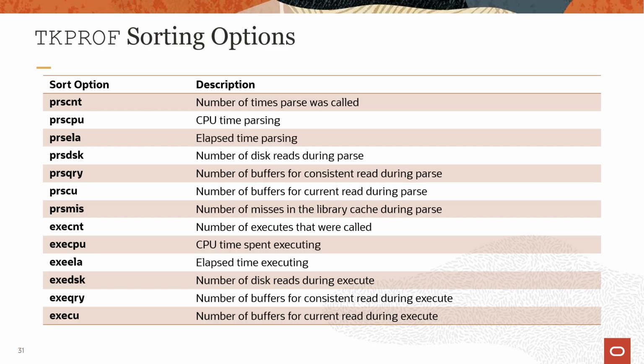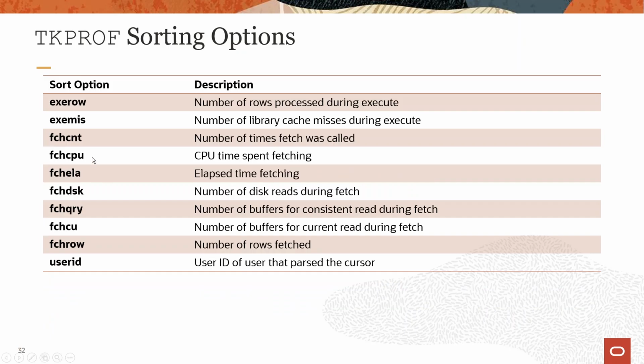So you can ask, for instance, please sort my SQL statements in descending order based upon the number of executions that were called. Or you can say, can you please sort the SQL statements based upon the number of times fetch was being called. So you have several sort options at your disposal.